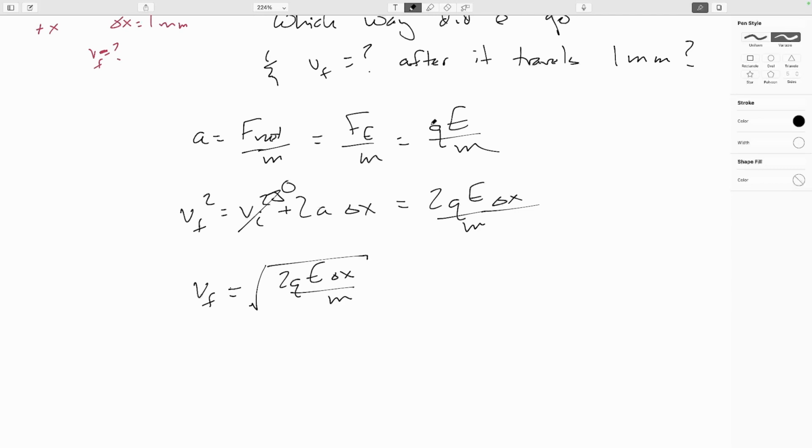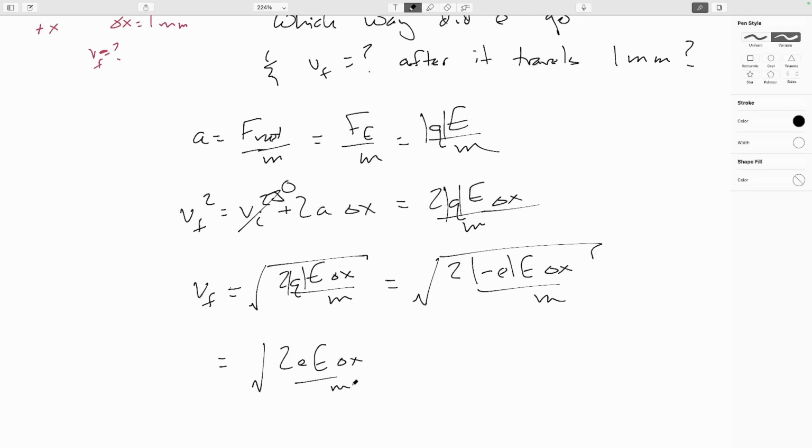Since I'm working in magnitudes, we'll take the absolute value of the charge. So this will be 2 times the absolute value of negative e, delta x over m. Absolute value of negative e is just e, 2e delta x over m.